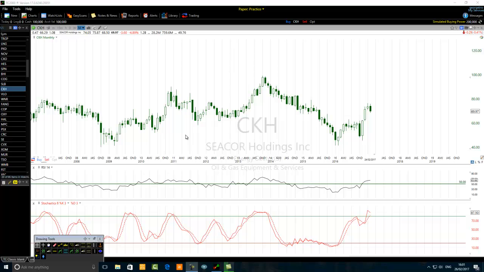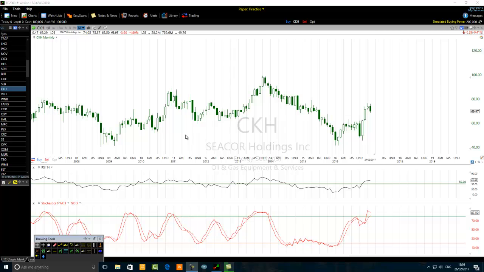Alright, the first thing that we want to understand about the RSI indicator is that the ultimate role of the RSI indicator is to identify bullish and bearish financial instruments. So when the RSI is above the level of 50, it's indicating to us that the financial instrument is bullish.